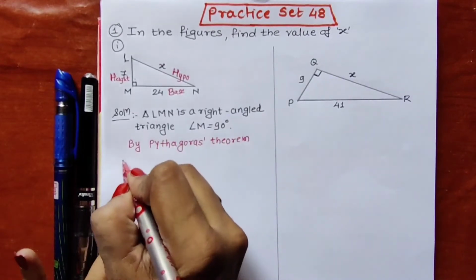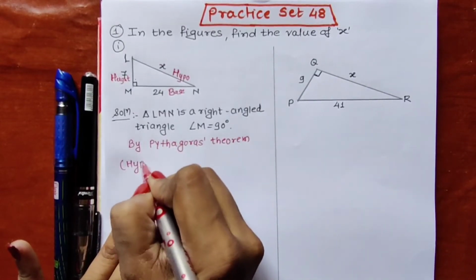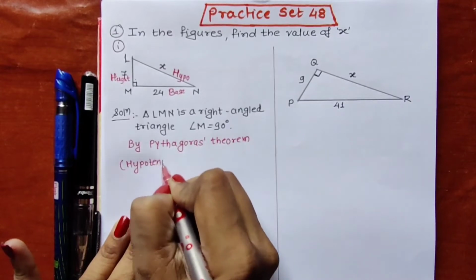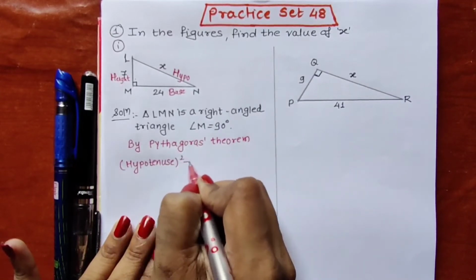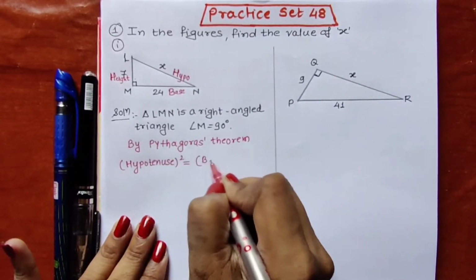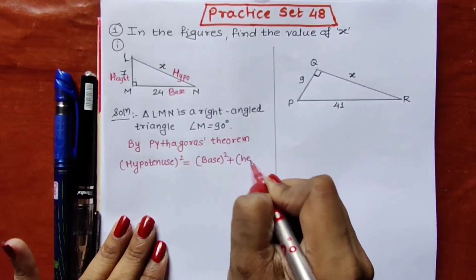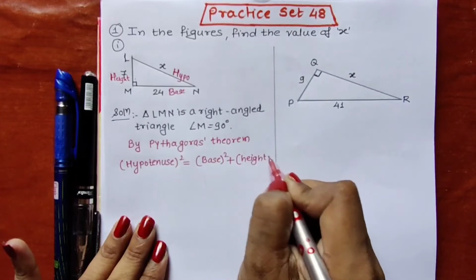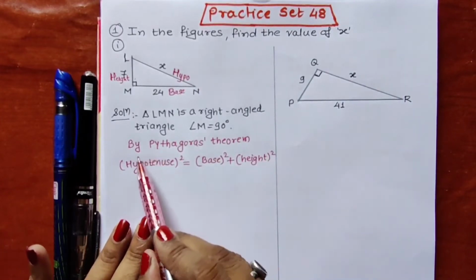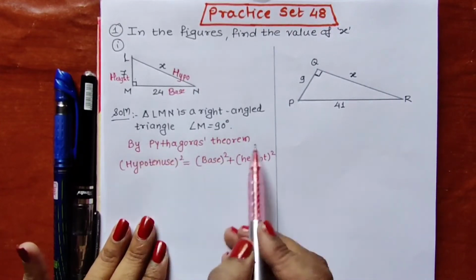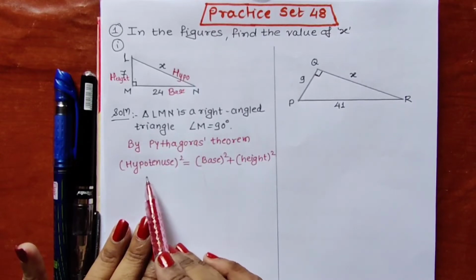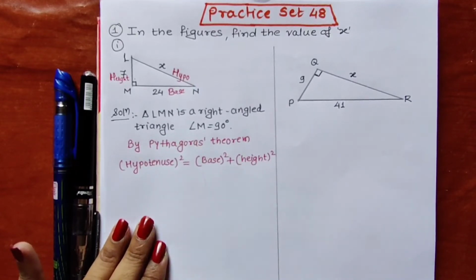So formula is hypotenuse square is equal to base square plus height square. So after writing this statement of by Pythagoras theorem, we should write the formula hypotenuse square is equal to base square plus height square.